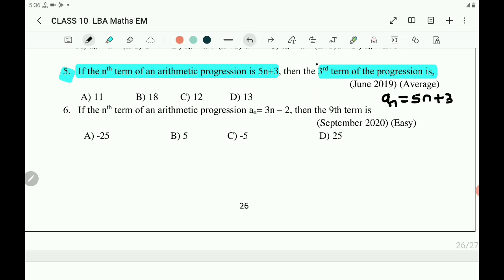Third term is a3. A3 means in the place of n, we have to write 3. That is 5 into 3 plus 3, which is 15 plus 3, equals 18. Then what is the answer? Option B, 18 is there. Option B is the answer.